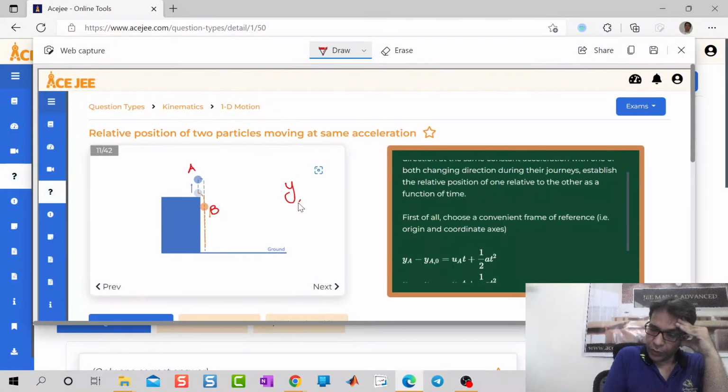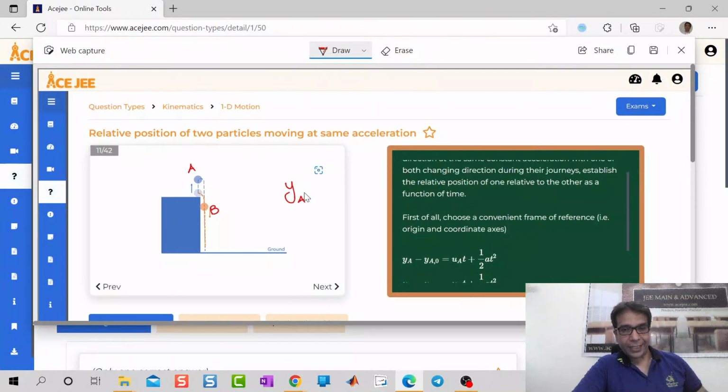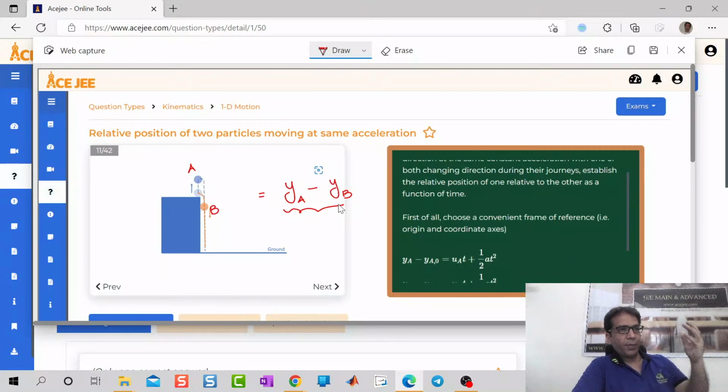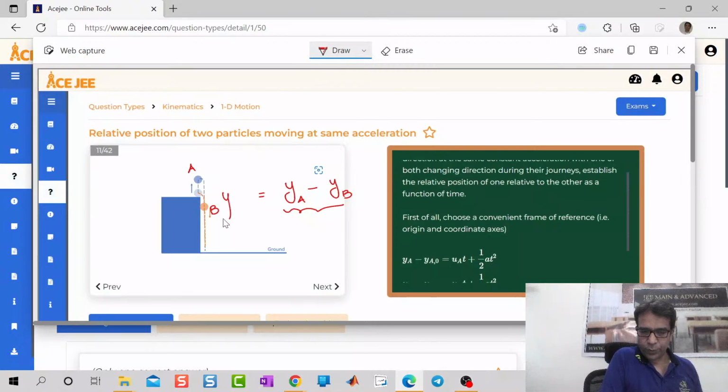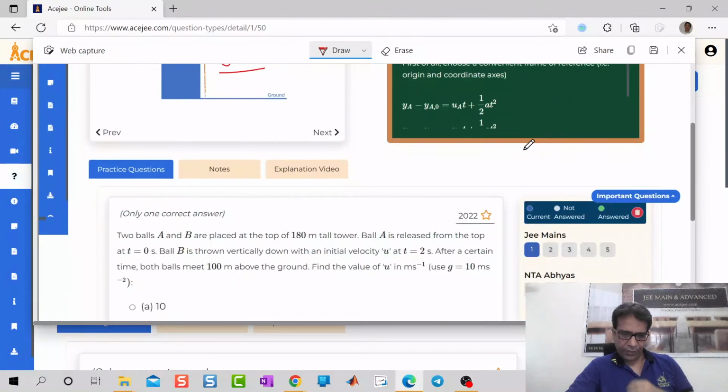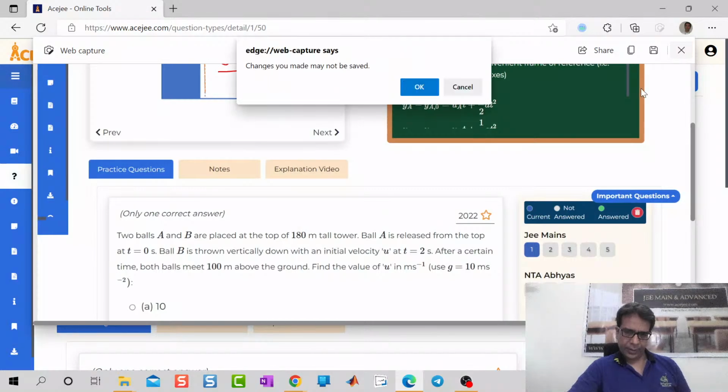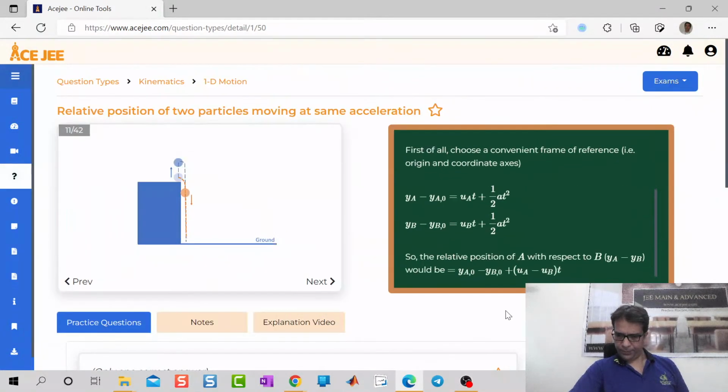Figure out the position of A with respect to a coordinate system attached to the ground. Then find the position of B with respect to the same coordinate system and the same origin. Then the relative position of A with respect to B will be YA minus YB. So this is the relative position of A with respect to B. It's that simple.